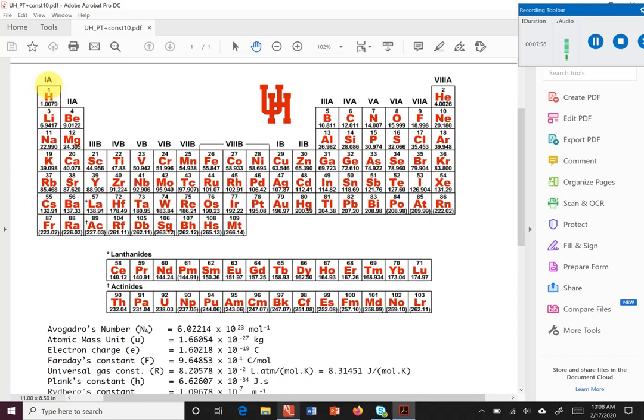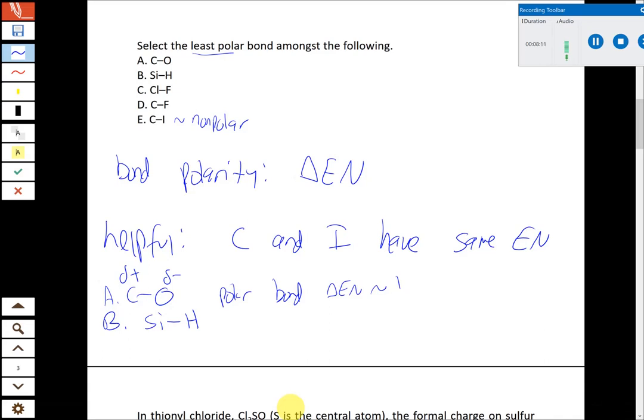It is helpful to remember that the electronegativity of hydrogen is the same as phosphorus. So it's a little bit less electronegative than carbon, a little bit more electronegative than silicon, so it's in between those two. And so if you have a silicon-hydrogen bond, like we do in choice B here, it's going to be a little bit polarized towards hydrogen, but I would say not very polar, just a little bit polar.